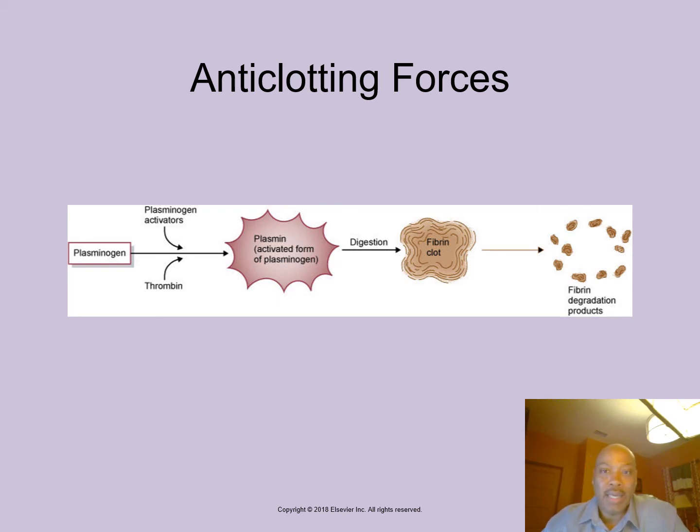Plasminogen is activated, and it forms what we call plasmin. And plasmin, which is an active enzyme, it actually digests. Remember, this is the anti-clotting process. It actually digests the fibrin, the fibrinogen, and also prothrombin. And this actually controls the size of the fibrin clot.